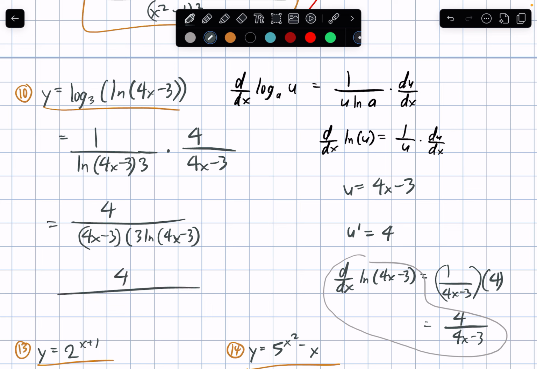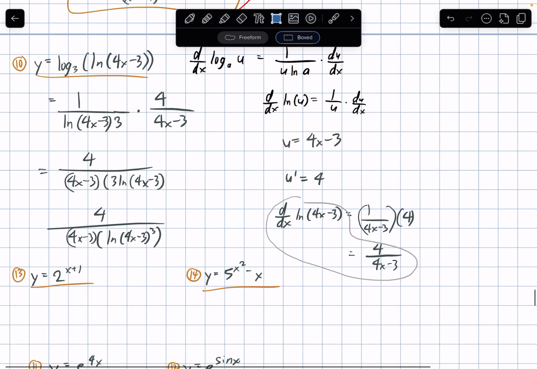Let me try the magic trick. Let's see if I get the answer this time. Huh. Okay, 4 is the numerator, that's correct. 4x minus 3 ln. Huh? Okay, let me guess this straight.